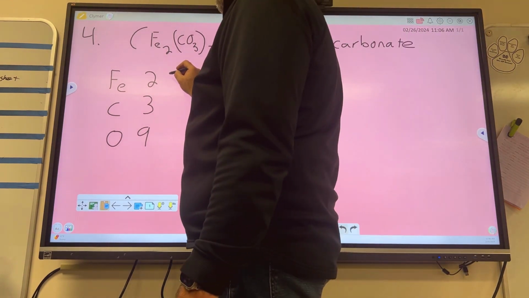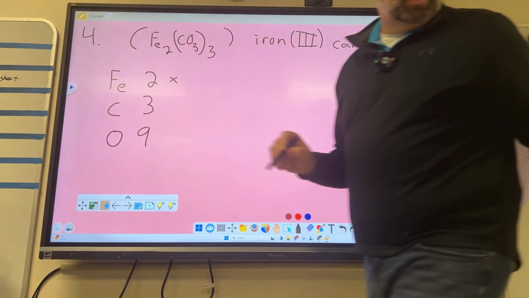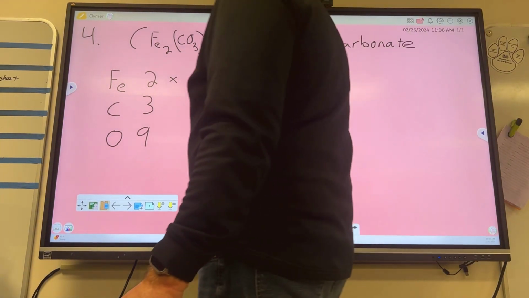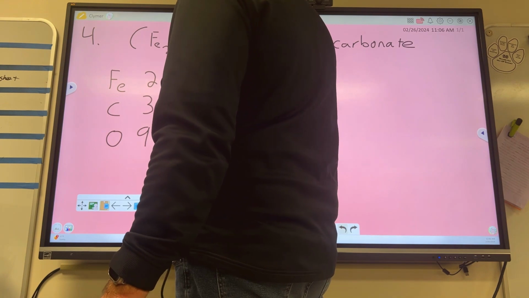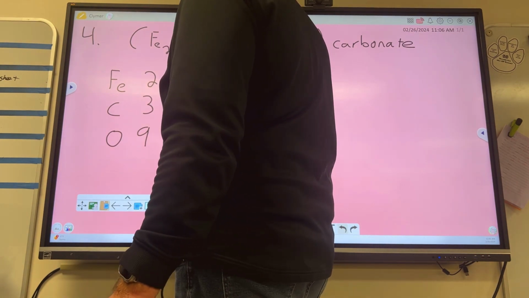What's our atomic mass for iron? 55.8. Carbon is 12. Oxygen is 16.